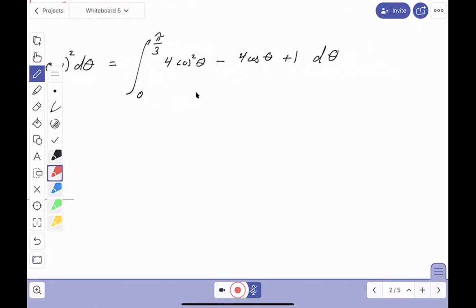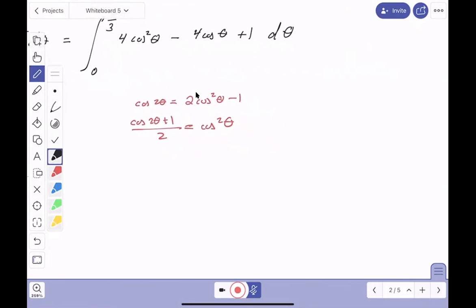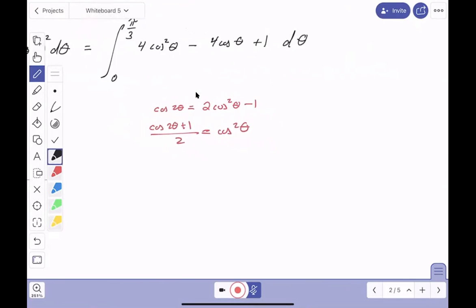So I want to kind of remind you that cosine of 2 theta is going to be 2 cosine squared theta minus 1, or cosine 2 theta plus 1 over 2 is cosine squared theta. We've been doing that for some time, by the way. So let's take a look. Gee, I got to multiply that by 4, don't I?